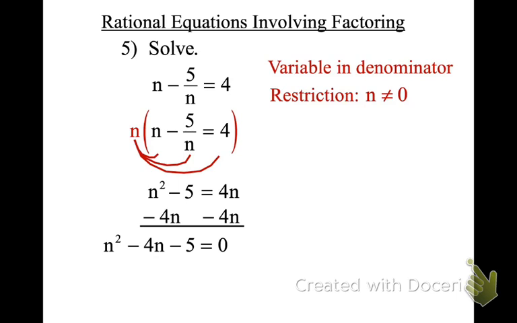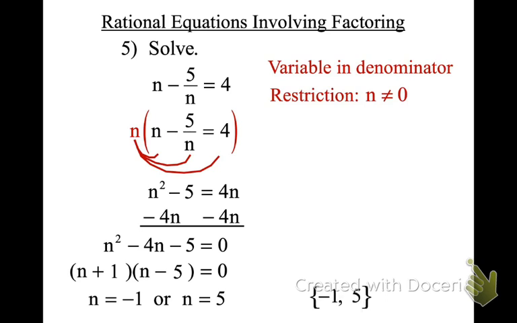Now, what multiplies to -5 and adds to -4? 1 and -5. Good. N plus 1 and n minus 5. Set them both equal to 0, and we get n equals -1 and n equals 5. Do they work with the restrictions? Yes, they do.